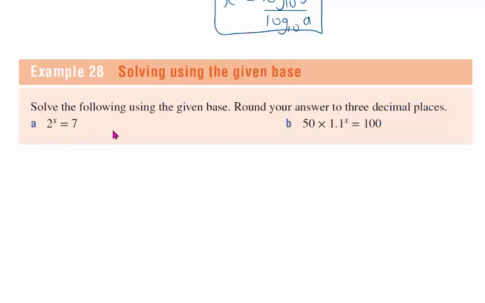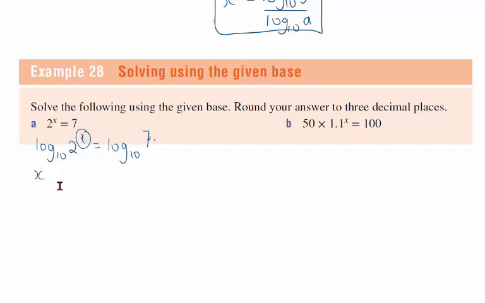Well, following our writing from before, this means that I'm just going to take the log of both sides, so I'm going to have log 10 of 2 to the power of x equals log 10 of 7. So I am following my same procedure. This is to the power, so it goes out the front.